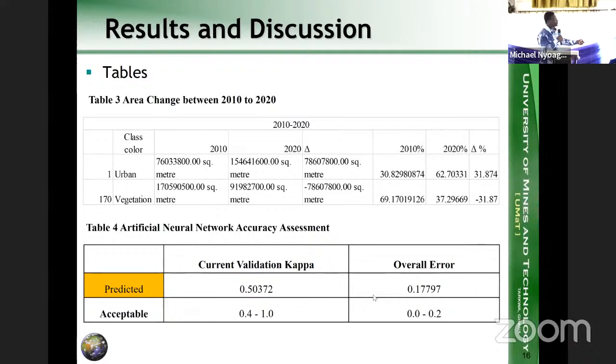If your predicted value from the model falls between 0.4 and 1, considering a huge area like that, if you have an error between 0.4 and 0.1, it is supposed to be acceptable. And so we accepted our prediction from our algorithm because we were considering 0.5, which falls within the range. Next slide.